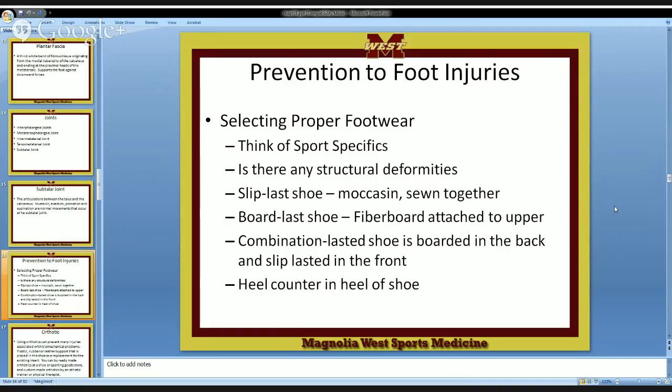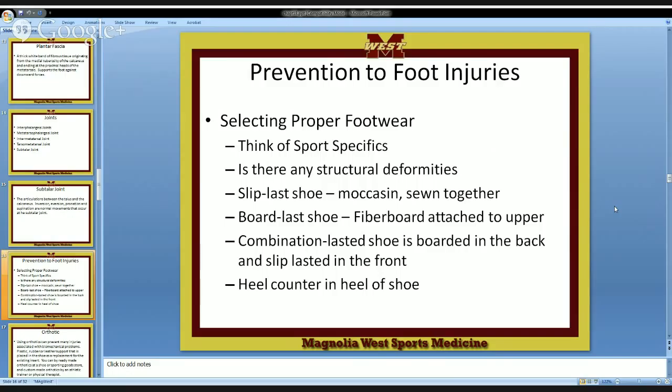So think sport specific when you're getting your footwear. You don't want to use track shoes, which are nice and narrow, in basketball. You also want to make sure, does this person have any structural deformities? Buy the shoe that's actually going to work for that sport.